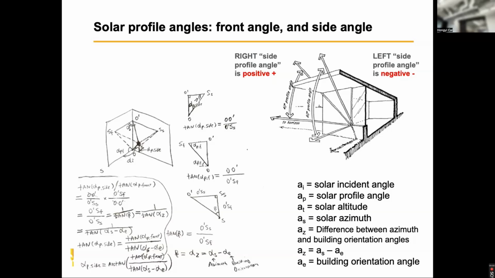So if you want to find the optimal shade for your building, you have to figure out the appropriate range of your profile angles, including the front profile angle and side profile angle. Then you can decide how large your shade should be. So that's actually the design process. When we come to the shading design, we will talk more about that. But right now we just concentrate on the calculations.